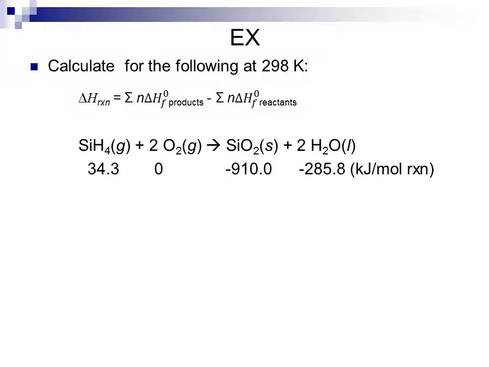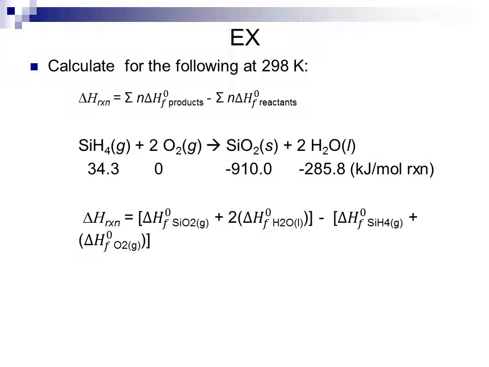They have respective molar enthalpies of formation of 34.3 kilojoules per mole reaction, 0 kilojoules per mole reaction, negative 910 kilojoules per mole reaction, and negative 285.8 kilojoules per mole reaction. This is because an element is always at 0 molar enthalpy of formation, since elements exist naturally. They're not being formed from component subatomic particles or things, according to our chemical equations.